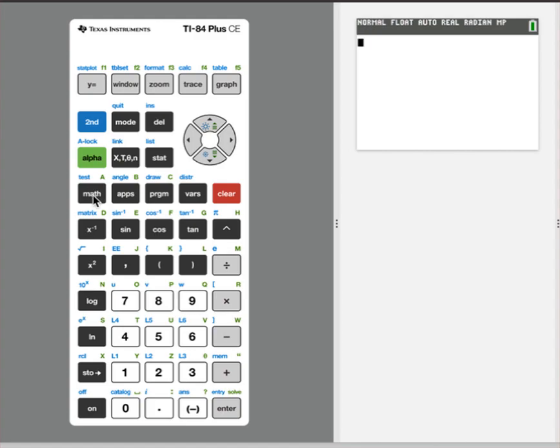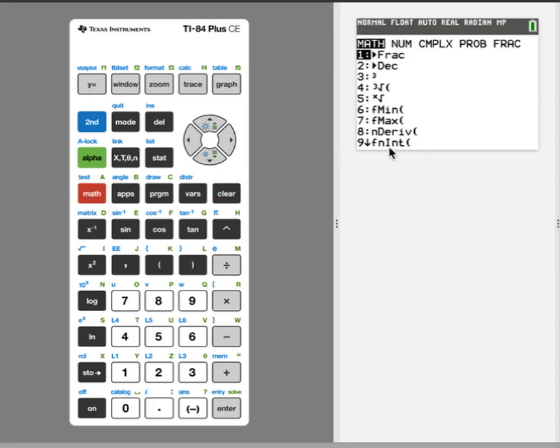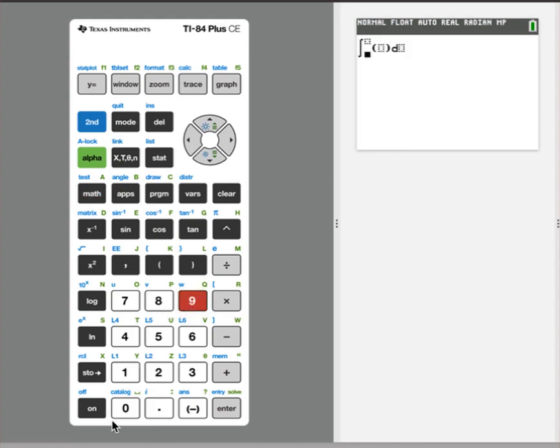So we press the math button and select the numeric integration function. We enter the lower and upper endpoints of integration, 0 and 1 respectively. We're going to find the mean, so that's the expected value of x times the PDF.